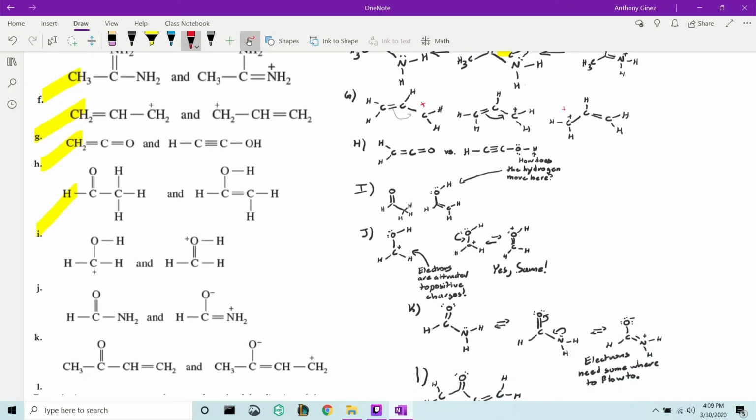H, we see illustrated here, double bonded to oxygen and double bonded to carbon. This would not be a resonance structure.